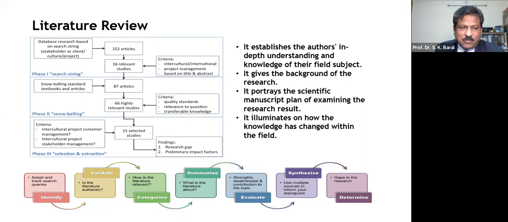And after that, in this selection and extraction, you will find that of the papers and articles I have collected, only 15 selected studies will be enough for me.